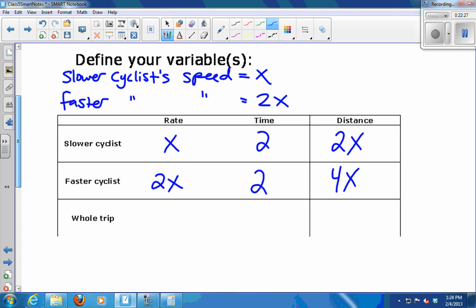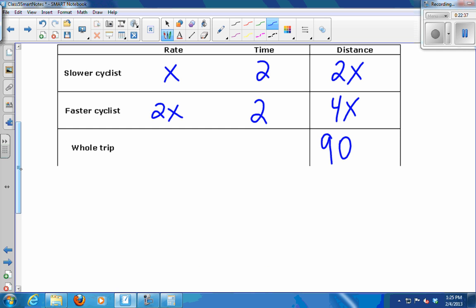And together, how much ground do they cover? 90 miles. So the whole trip is 90 miles. And if we add up how far the slower cyclist traveled with how far the faster cyclist traveled, they traveled together 90 miles. So we'll say 2x plus 4x is 90, and it turns out there's a couple boxes I didn't really need.